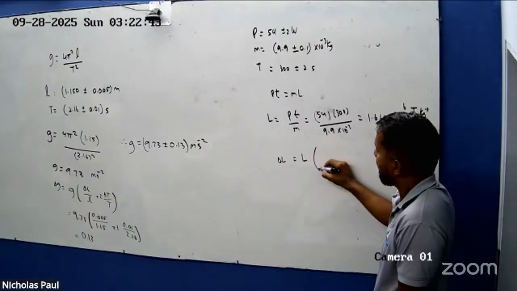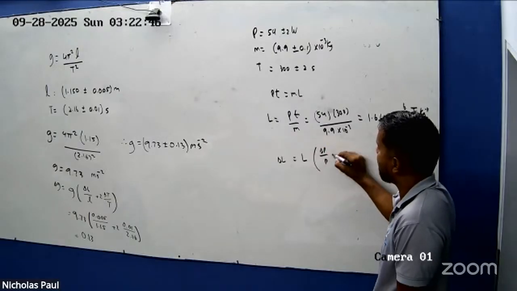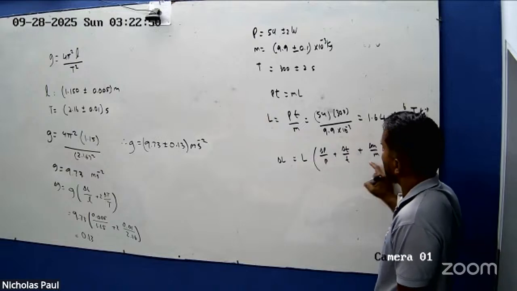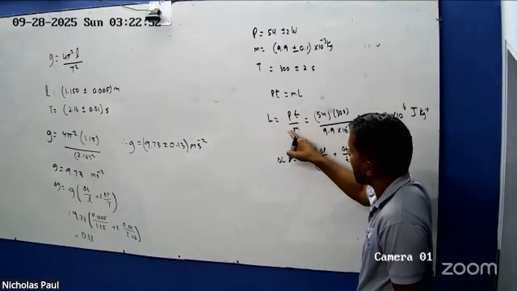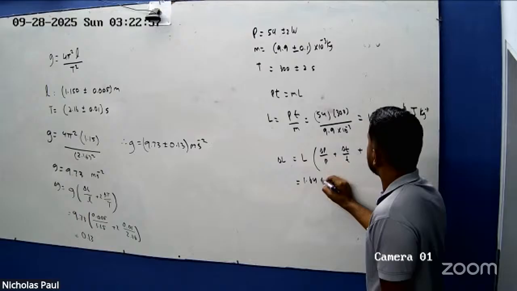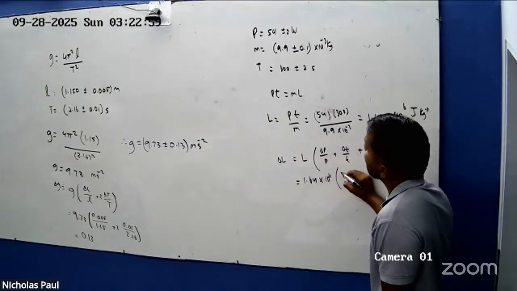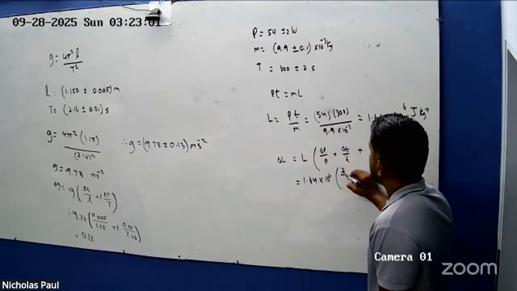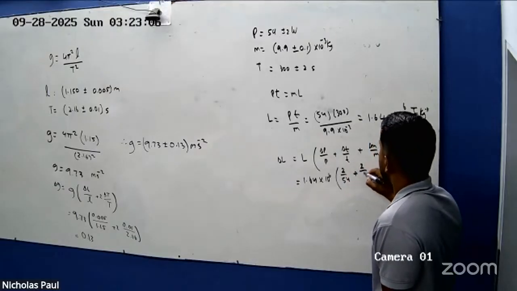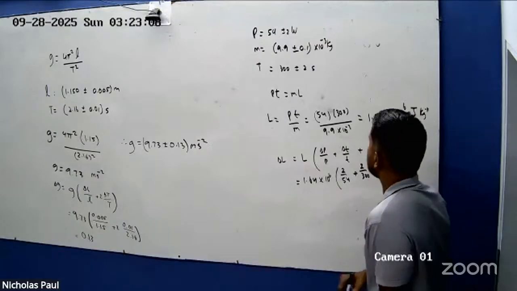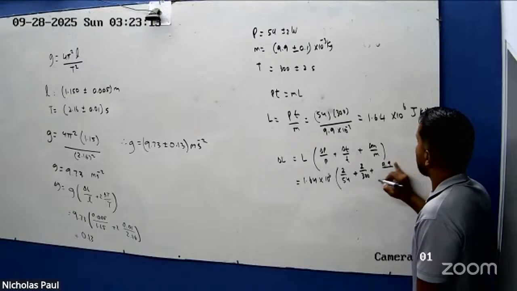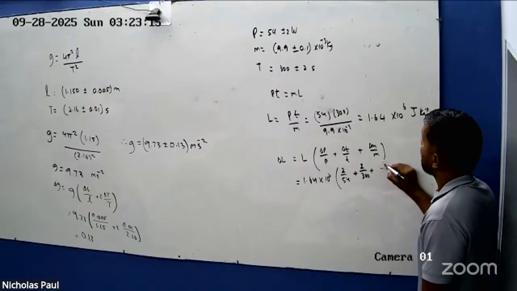L multiplied by the error in P on P, error in T on T, error in M on M, and put the value in front. So that'll be 1.64 by 10 to the 6 by error in P is 2 over 54, 2 over 300, and the error in M is 0.1 over 9.9.